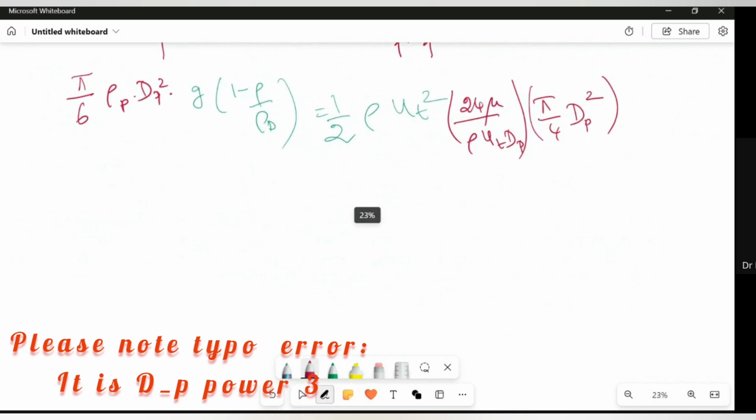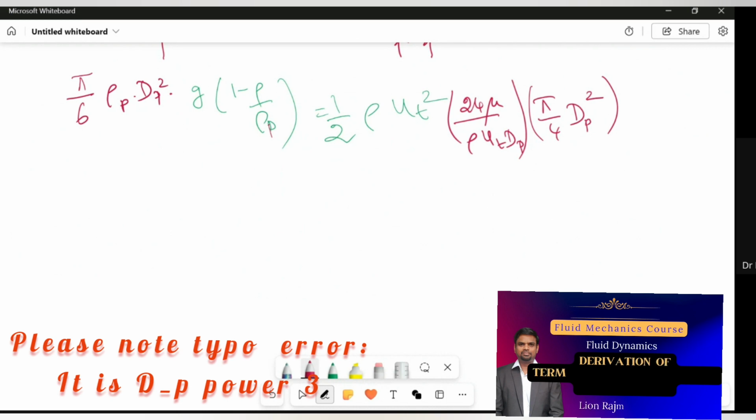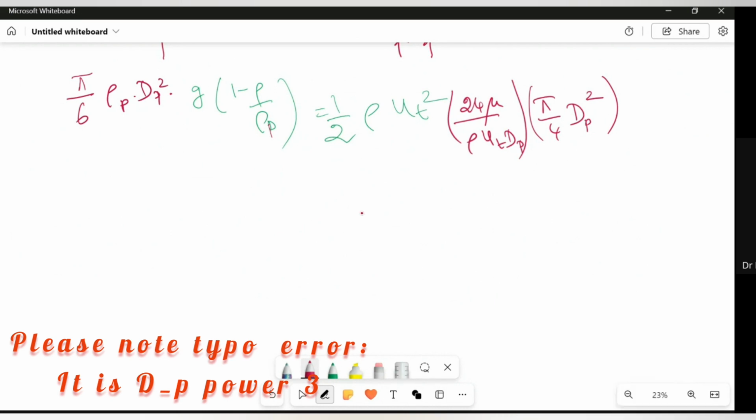You cancel out the terms. Here also you have 1 minus rho by rho p. Here rho is there, here rho p is there, so this rho p will get cancelled. We have rho p minus rho here. Simplification will give you the right hand side.